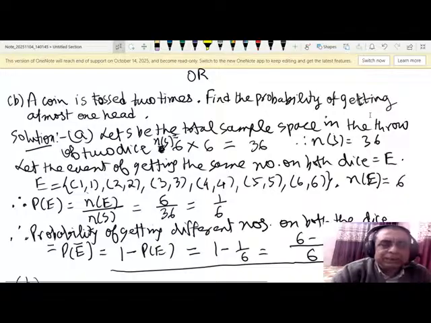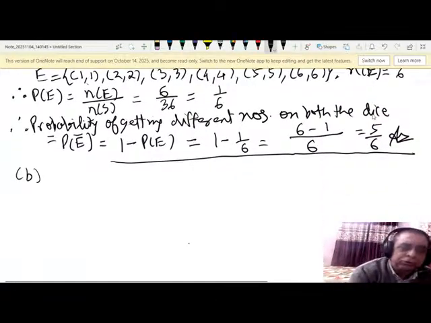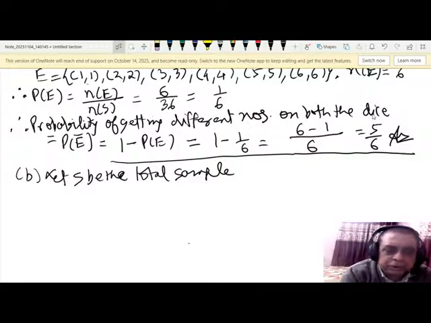So here a coin is tossed 2 times, that is the same coin is tossed 2 times. Let S be the total sample space. Sample space means all possible outcomes.